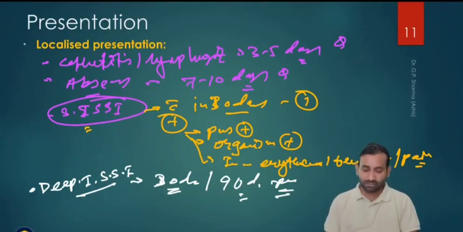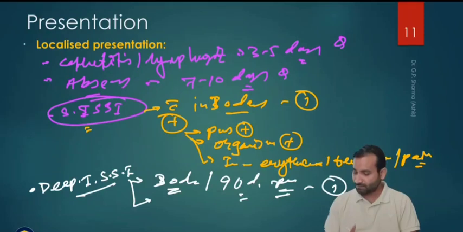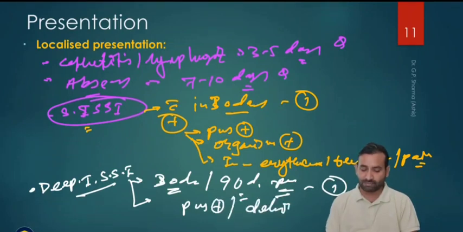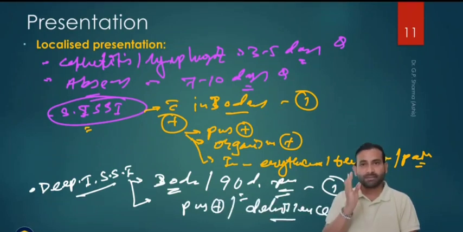So this is one point, plus it should also contain any one of the following, for example pus or dehiscence. There should be pus positive or wound dehiscence, right? Wound dehiscence means the suture where we applied it in the wound opens, the wound should open, that is called wound dehiscence, right?